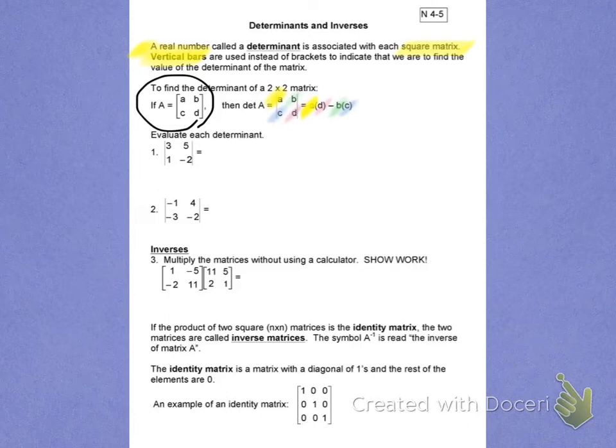The yellow one corresponded to this one right here.